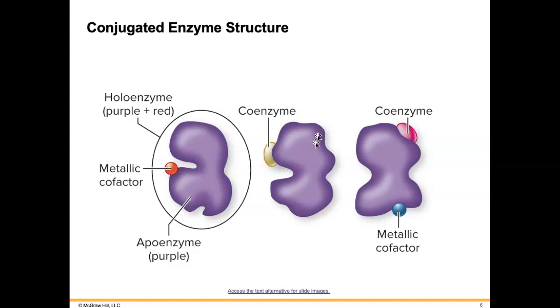And then we have the apoenzyme and a coenzyme. Sometimes we have a coenzyme and a metallic cofactor. So a conjugated enzyme is one that has helpers along with it that may be either a cofactor or a coenzyme.